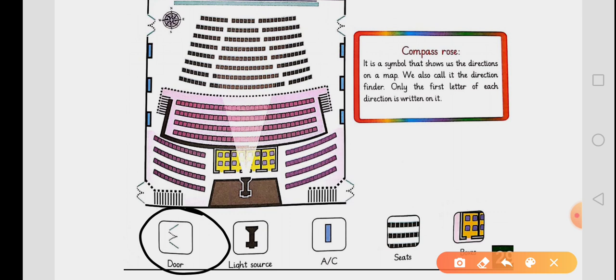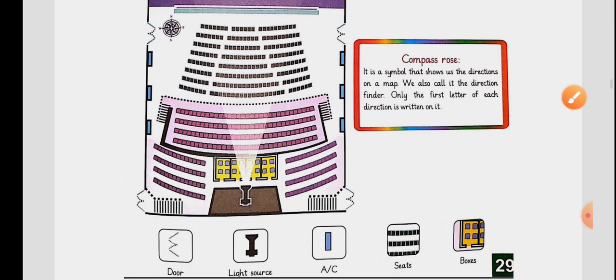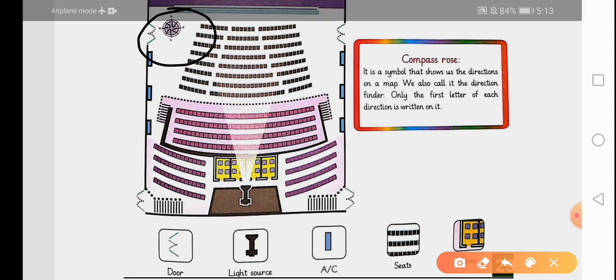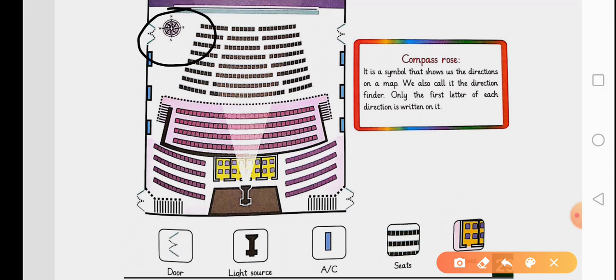So if anyone wants to go out, they will follow the compass rose which is made here, and the compass rose is telling them that the gate is in the south direction. Similarly, there is another symbol. The blue colored symbol is the symbol of the AC.